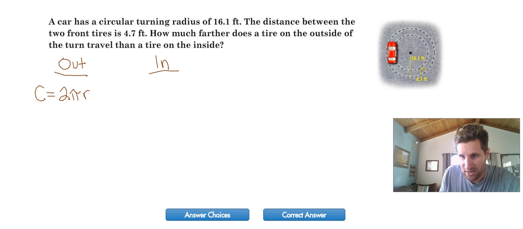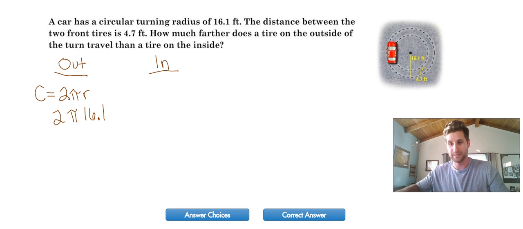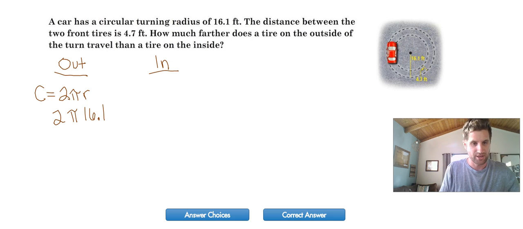So the outside tire is 16.1 for the radius. And we're just going to multiply that by 2. We'll keep everything in terms of pi. And 16.1 times 2 is going to give us 32.2 pi. So we'll leave that there.